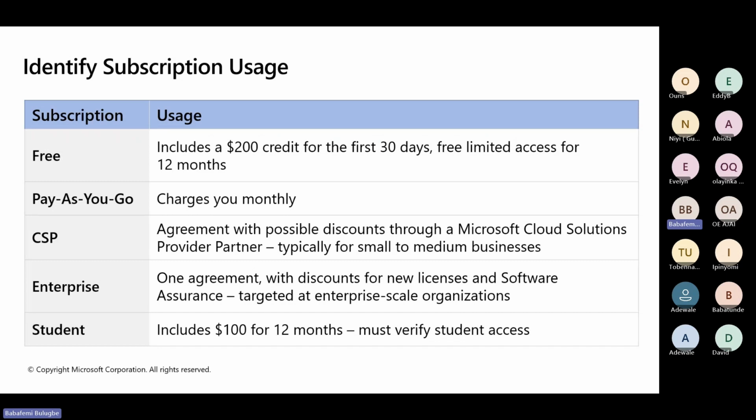And that $200 is just for 30 days. However, if you consume that $200 within 3 days, you will not have access to that subscription again. So whichever comes first: either you consume the $200, or the subscription stays in your tenant for 30 days.